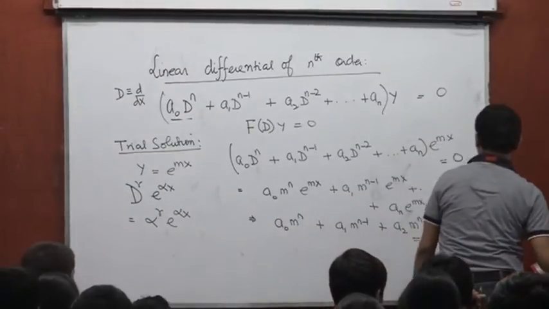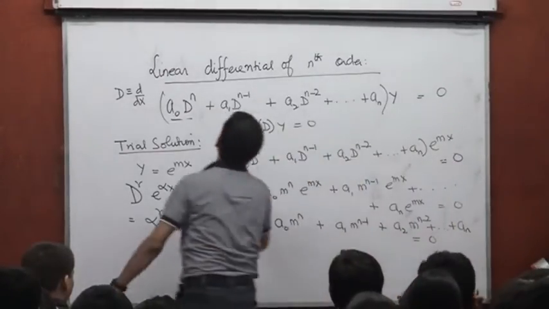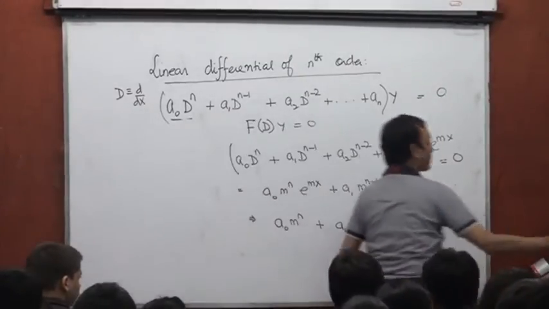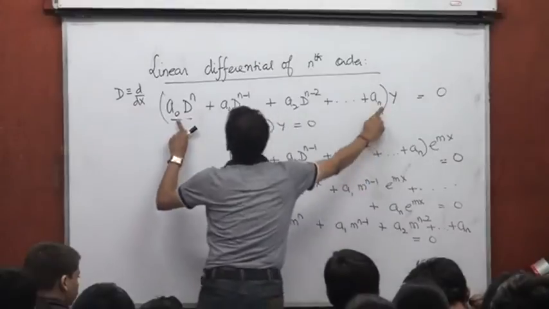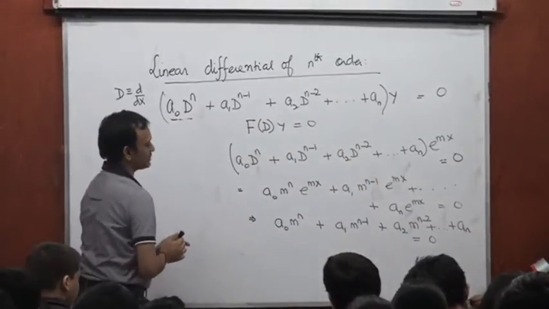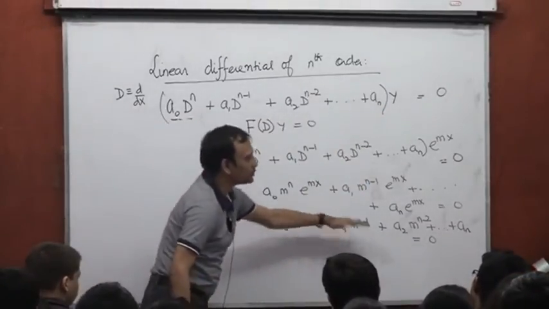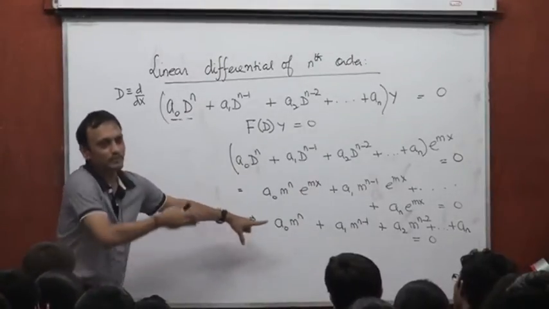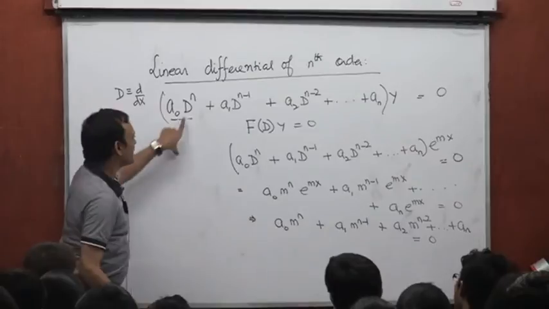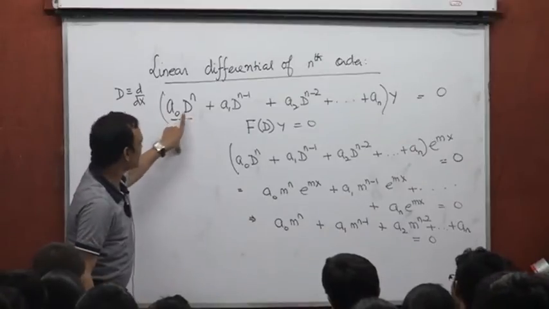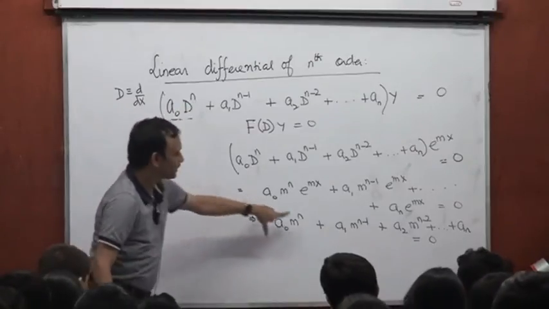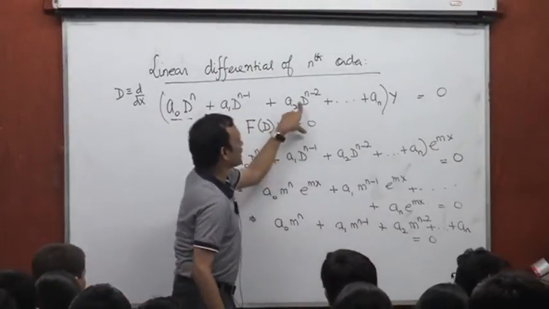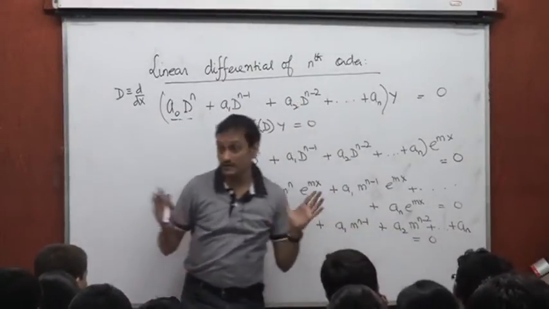So what was this? This was F(D). What is this polynomial? Realize that this polynomial can really be conjured mentally by replacing the D's by m's: a0 m^n, a1 m^(n-1), a2 m^(n-2), ..., an.